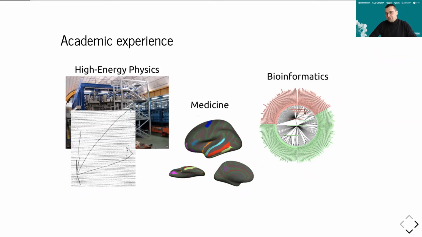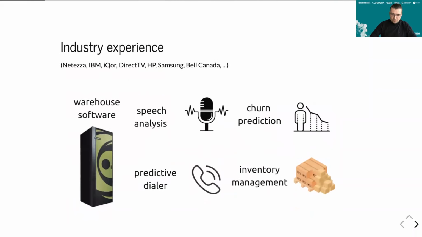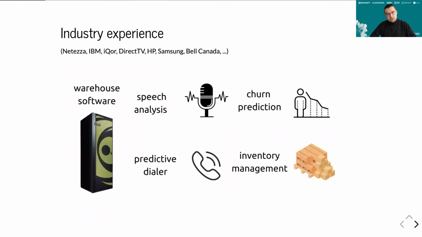Those features were responsible for a disease. I was also working with bioinformaticians, helping them to understand the evolution of the influenza virus. I was building phylogenetic trees, some kind of hierarchical clusters of RNA strains, to understand the evolution of the virus. I also worked in industry.